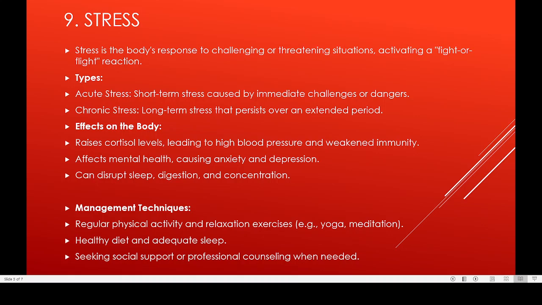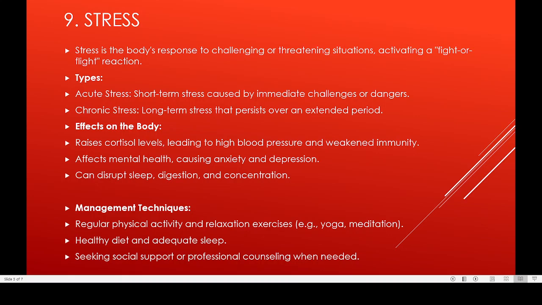What we can do, where physical activities will help you. For example, if you are stressed, then what you can do, engage in some kind of activity, at least go for a walk. Then healthy diet and adequate sleep. That is why I always say that sleep 7 hours daily. Compulsorily you sleep 7 hours. If you reduce that 7-hour limit, surely you will have some kind of disease later.